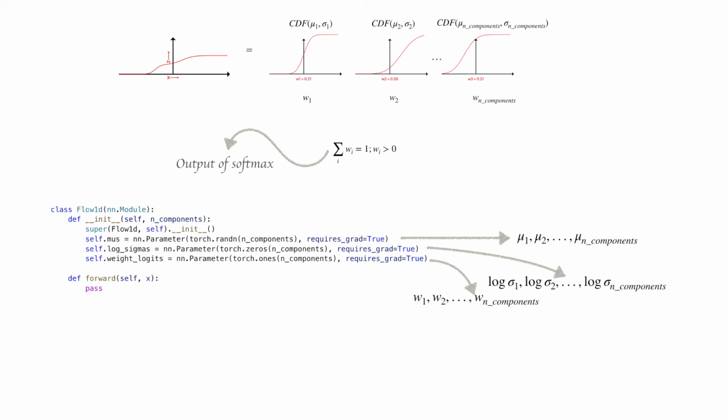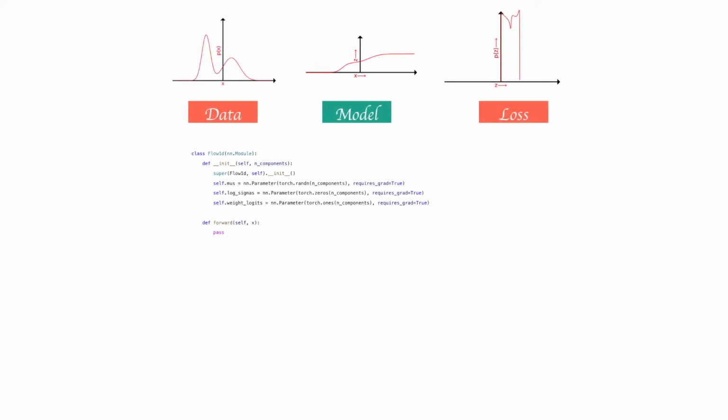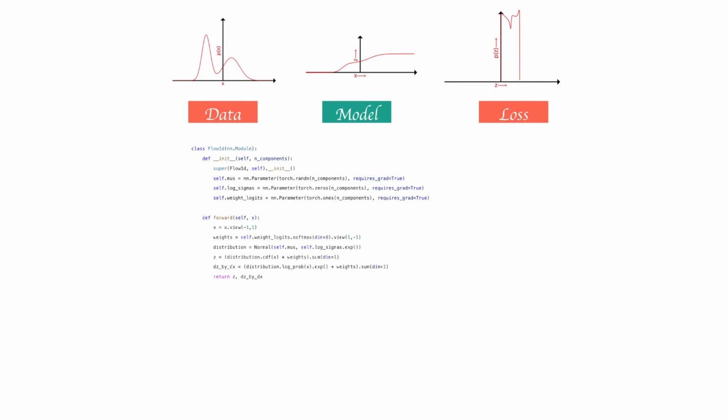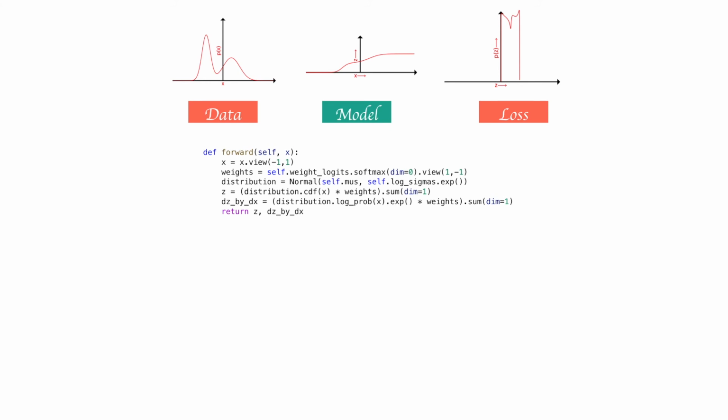Logits are the inputs to the softmax function that will give us the weights to combine these CDFs. Let's take a look at how these different parameters interact with the input to give us the output. The model simply implements these steps which we saw earlier. The model gives us two things, z and dz by dx.